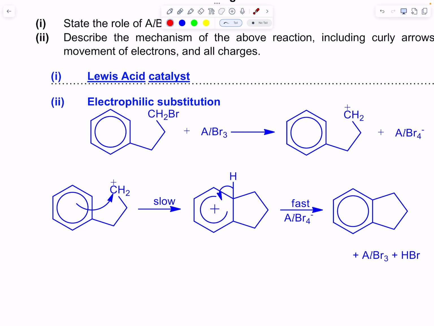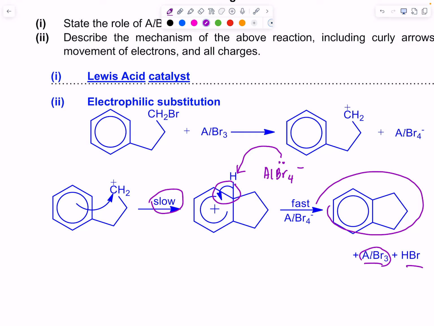After that, now, I think I've mentioned this before, the AlBr4-, right, you see this lone pair here? You do not need to present this. This is not a marking point. This is a marking point. Okay? And then, guys, your slow is more important than your fast, and you need to balance.